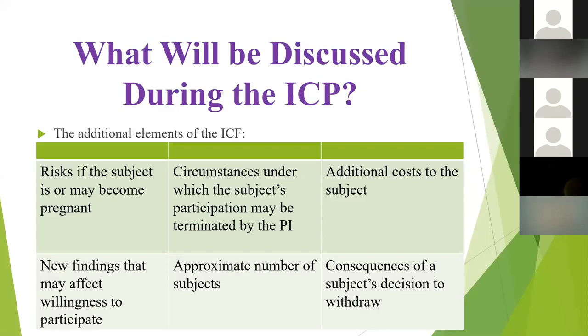So the optional elements are, you need to discuss risk if the subject is or may become pregnant, the circumstances under which the subject's participation may be terminated by the PI. For example, that the subject will be terminated if they don't make their study visits or if they're not compliant with their dosage of medication, etc.